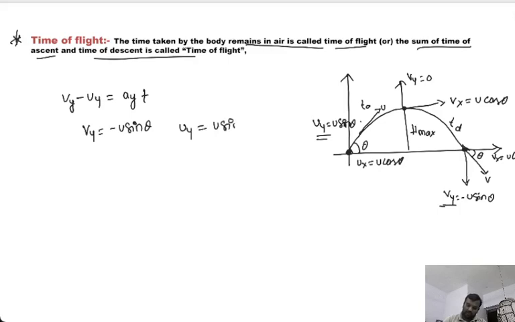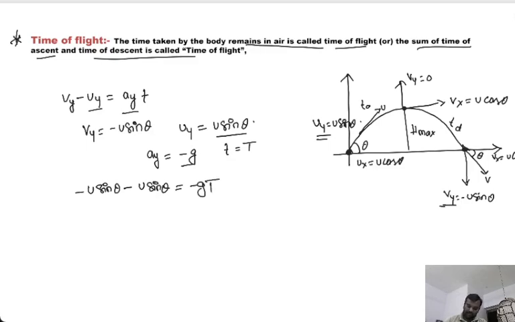For ay, the ball is thrown upward and the acceleration due to gravity acts downward. Small t is the time of flight. Substituting these four terms in this equation, you write minus u sin theta minus u sin theta is equal to minus g t.